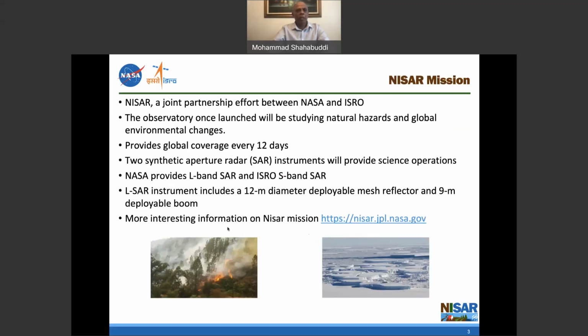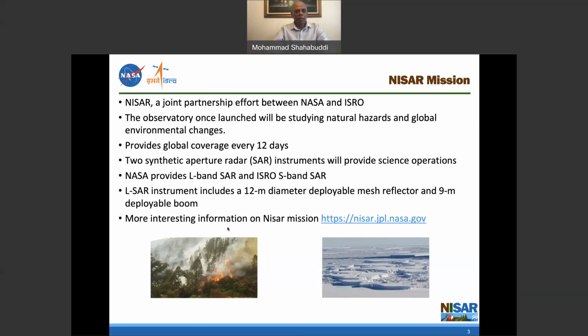NISAR is a joint partnership effort between NASA and ISRO. The observatory, once launched, will be studying natural hazards and global environmental changes. It provides global coverage of the Earth every 12 days. There are two synthetic aperture radar, SAR, instruments that will provide the science operation.